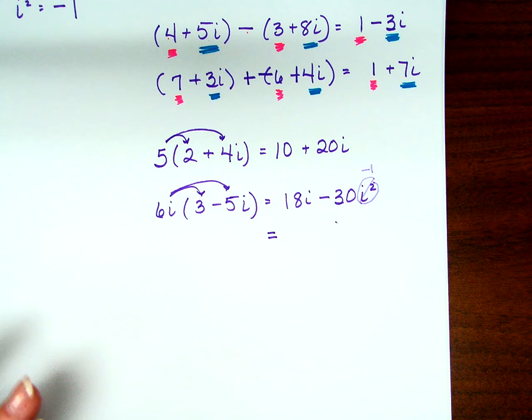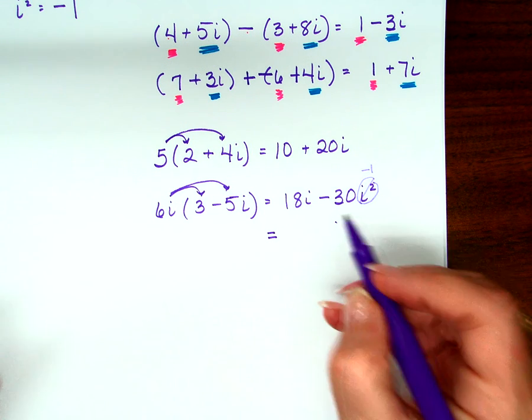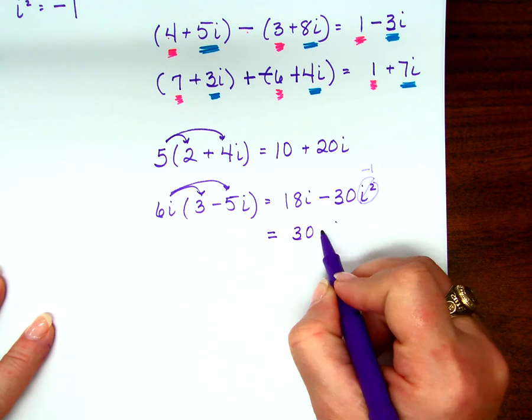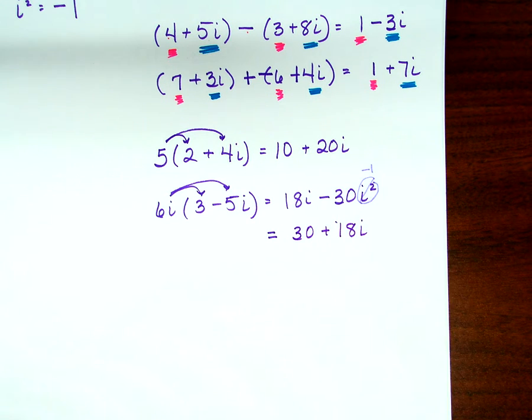I could write 18i plus 30, but I want my real part first, don't I? 30 plus 18i. Now, is it wrong to write 18i plus 30? No, but all of your mathematician friends will make fun of you for writing the imaginary part first. All one of us. Good?